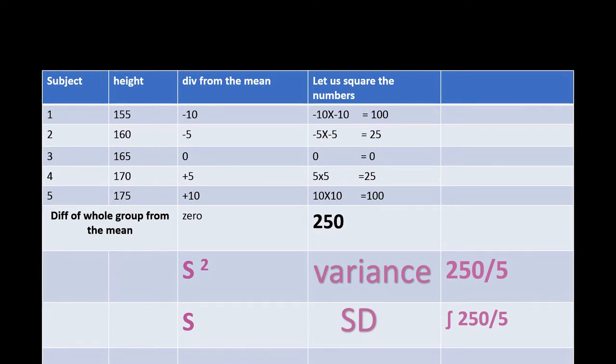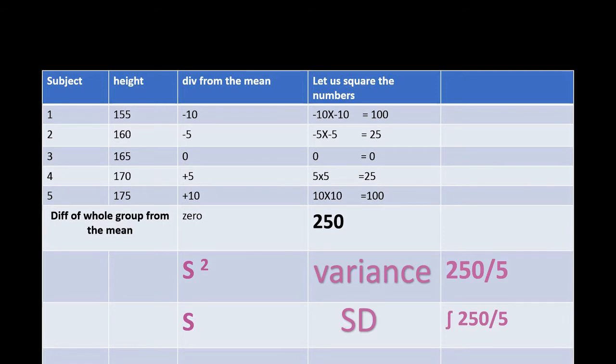So let's repeat the calculation. We calculate the difference of each value from the mean. If we add them like this, the net result will be 0. So to get rid of the 0, the differences were squared. The squared values were added together, divided by the number of the sample, that is the variance.